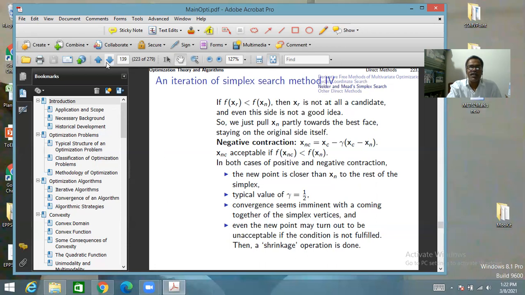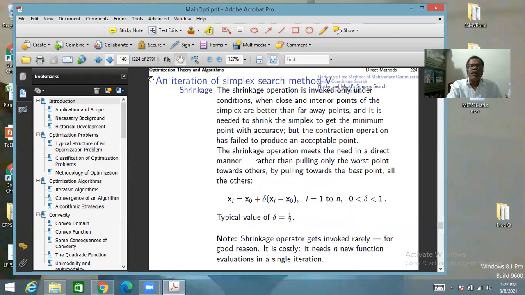That is the last operation. So the shrinkage operation, you see, is invoked only under conditions when close and interior points of the simplex are better than faraway points, okay?